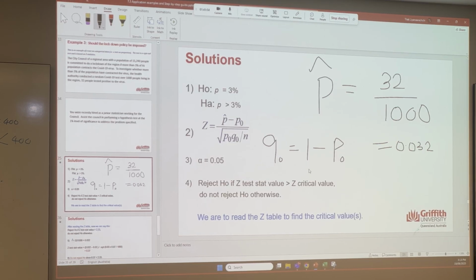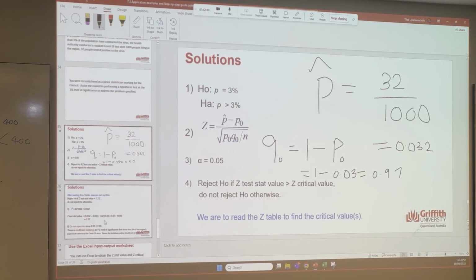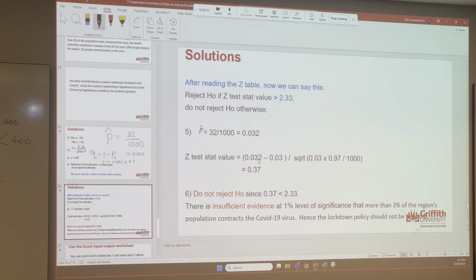So 1 minus P naught means 1 minus 0.03, so that is 0.97. I think in the formula you now know everything. Okay, so 0.032 minus 0.03, over the square root of this number.